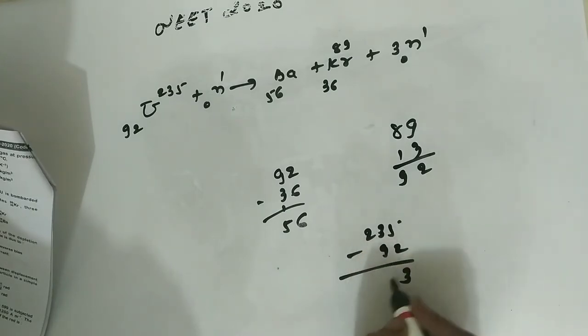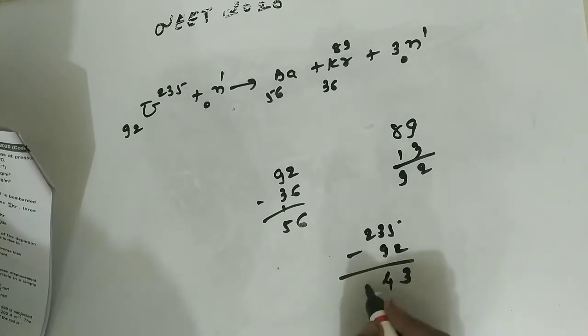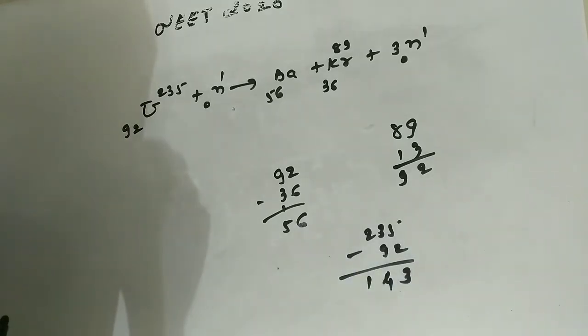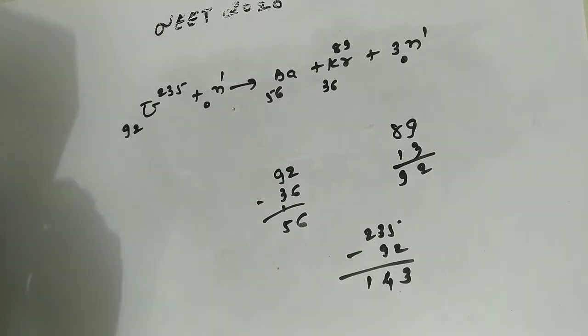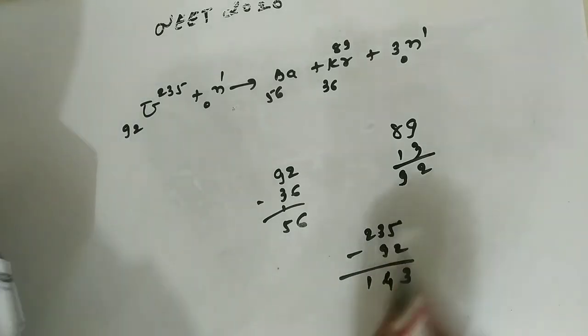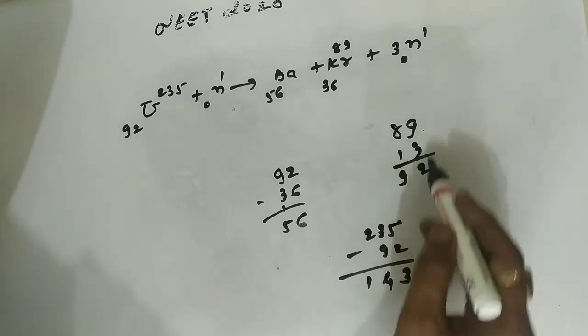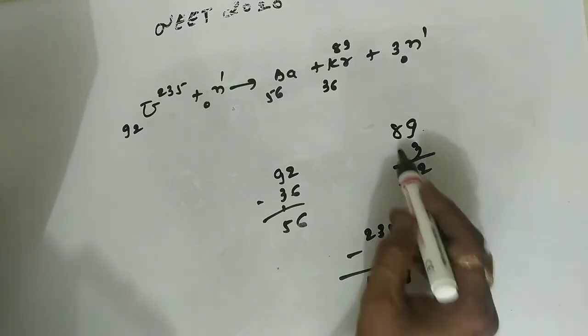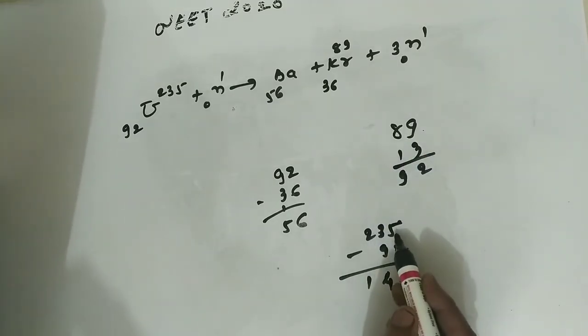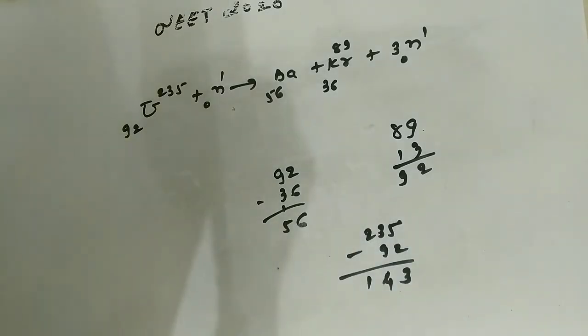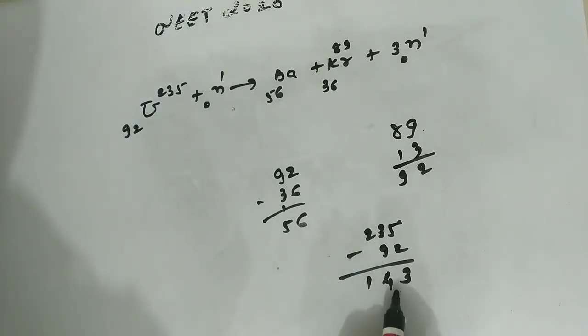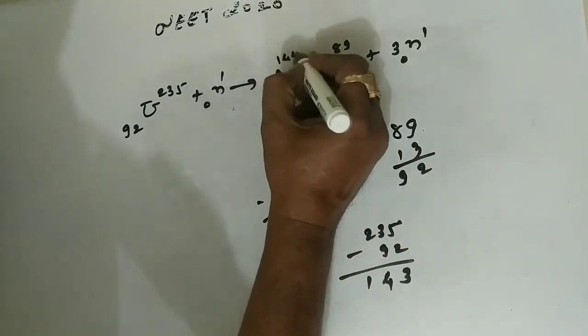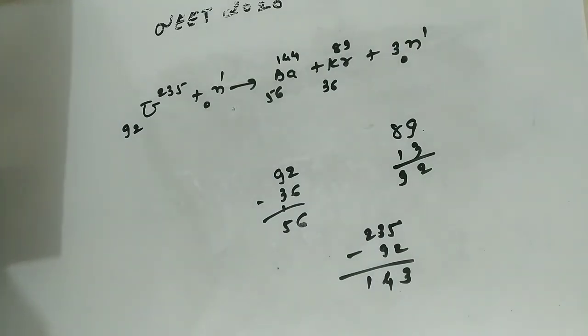That is 143, then 144 for the mass number, with 89 for krypton. Here 89 plus 3 neutrons is 92, balancing 235 plus 1 neutron, which is 236. So it balances with 144 and 89.